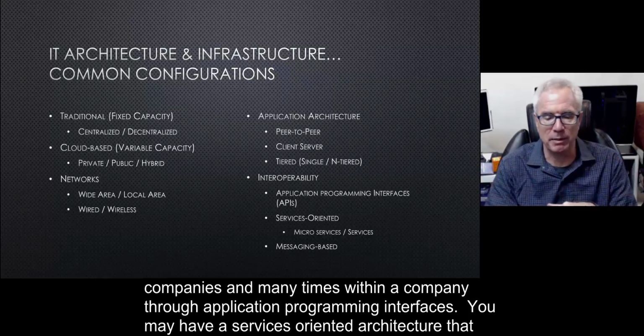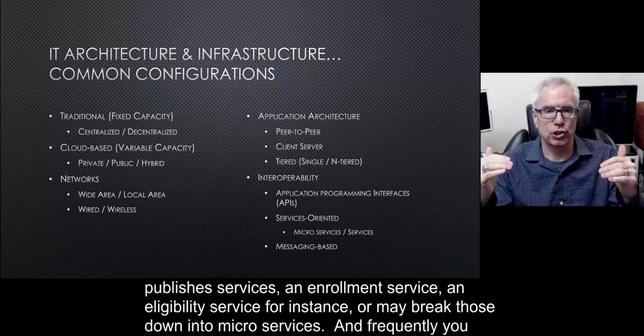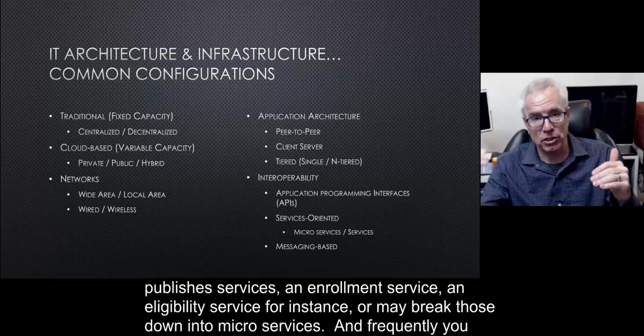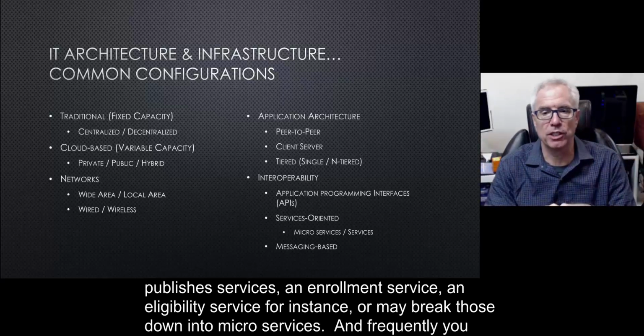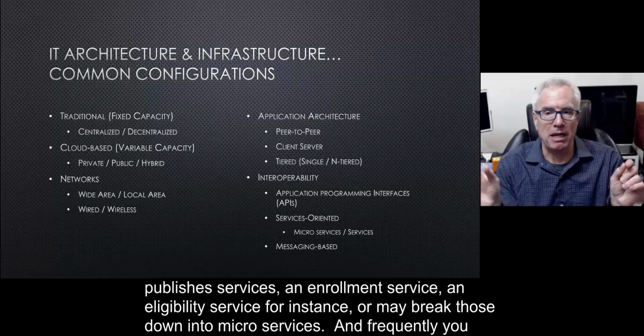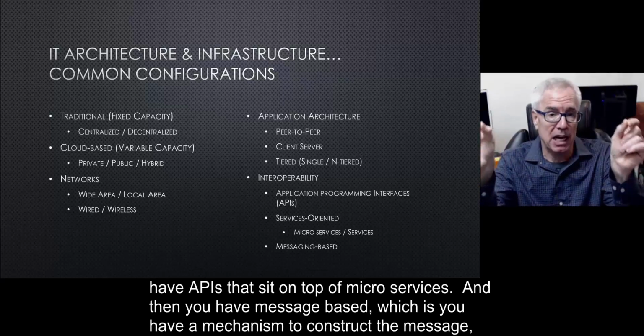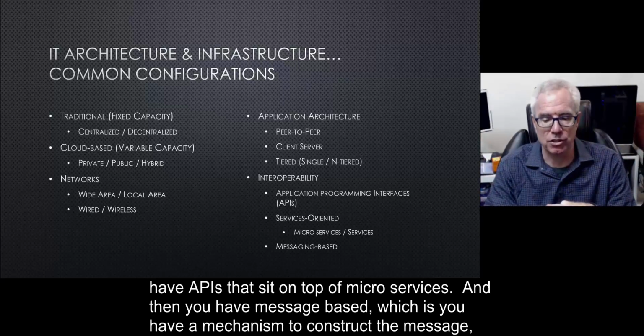You may have a services-oriented architecture that publishes services, an enrollment service, an eligibility service, for instance, or may break those down into microservices. And frequently you have APIs that sit on top of microservices.